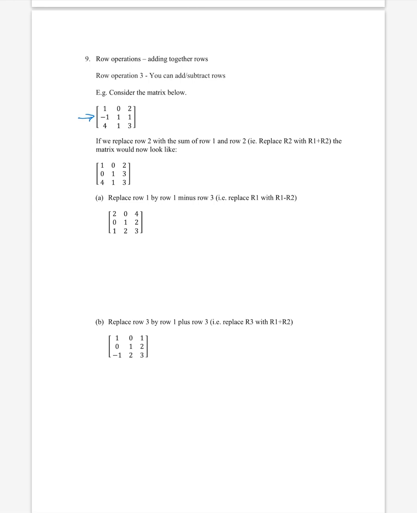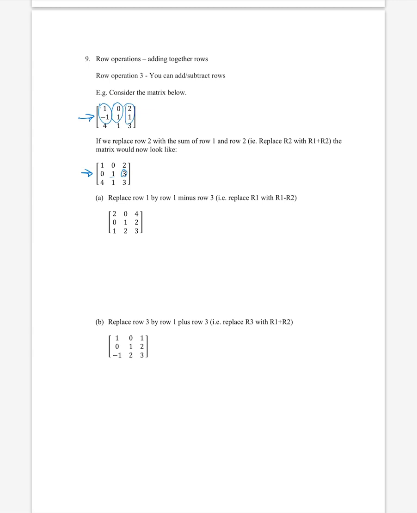We're adding row 1 to row 2, and then rewriting where row 2 was with that result. So to get this row 2 here, what we've done is we've added those two together. So 1 plus minus 1 is 0. We then added those, which gives us 1, then added these, and that gives us 3. So that's how we did it.